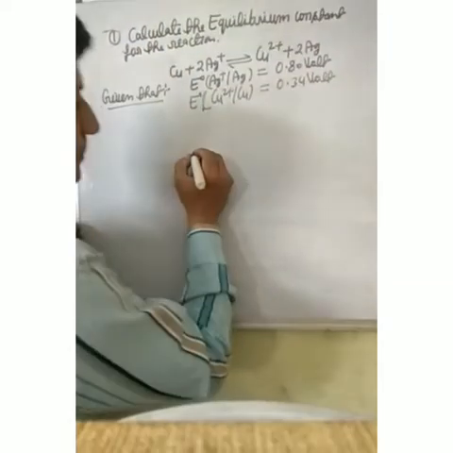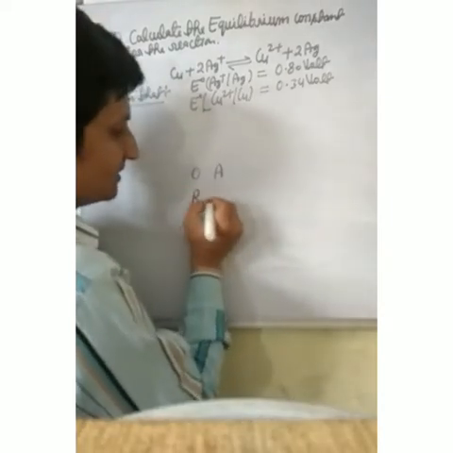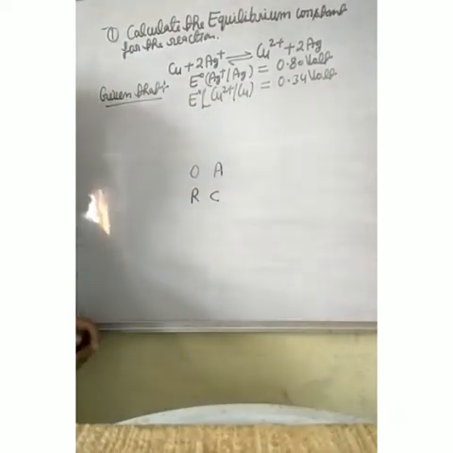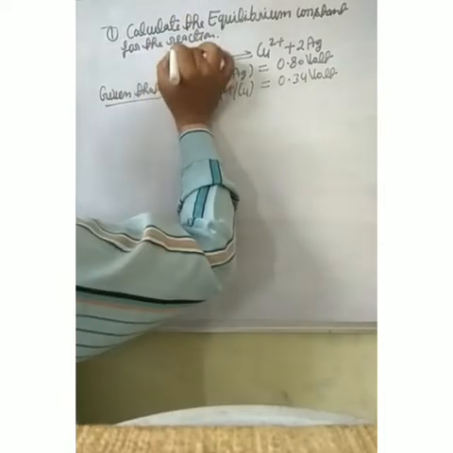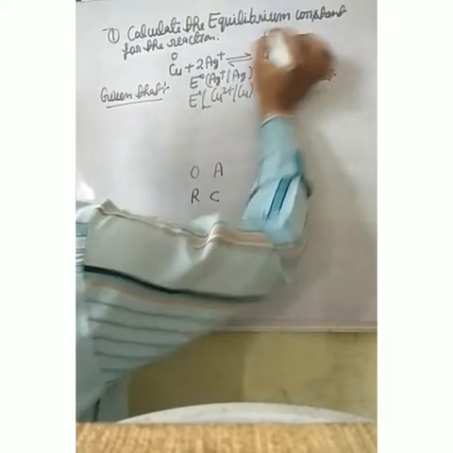The funda is OA-RC. First I am telling you oxidation and reduction. Look here: the oxidation number of copper is 0, but here copper's oxidation number is 2.